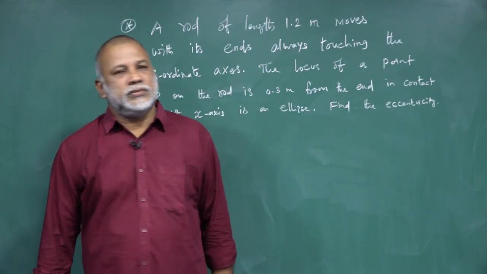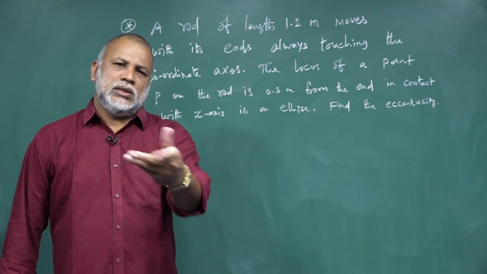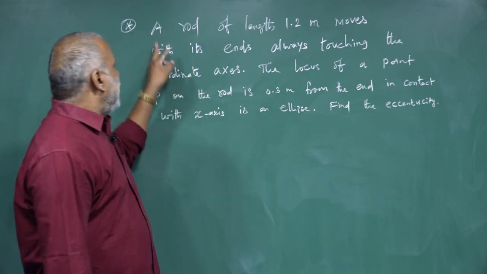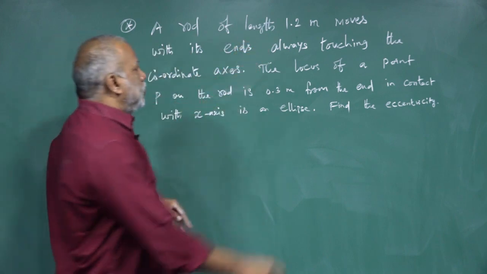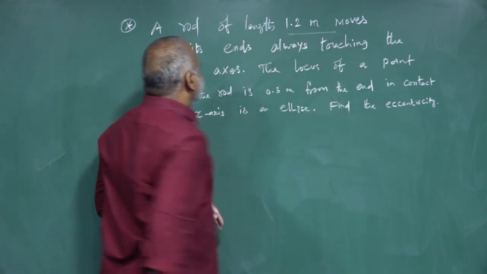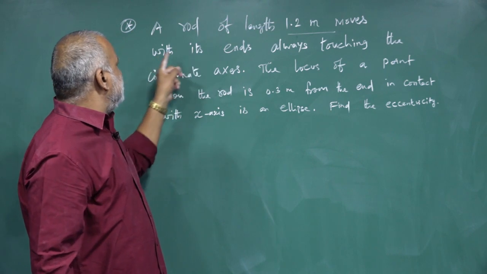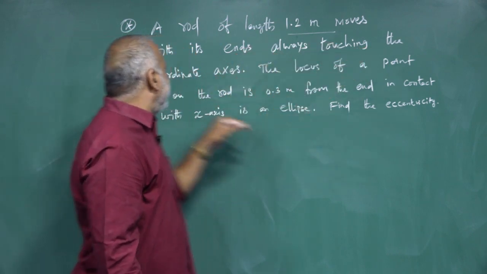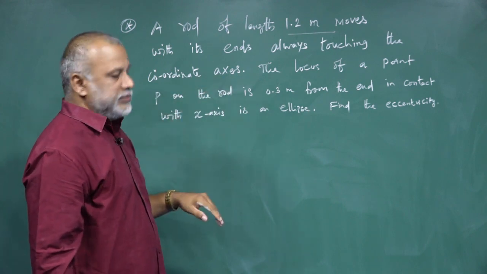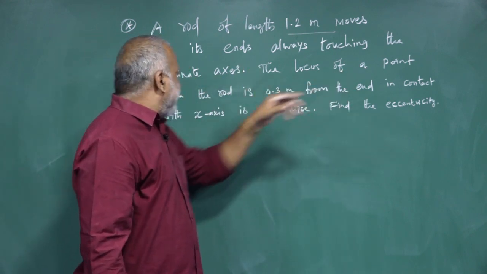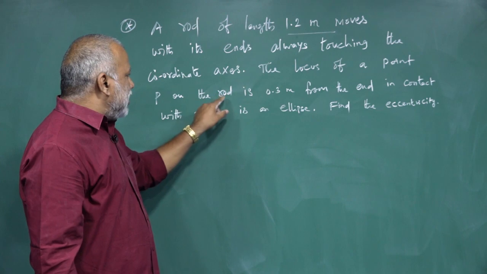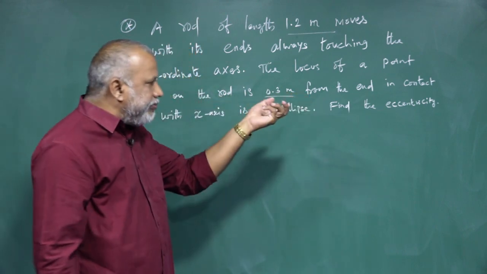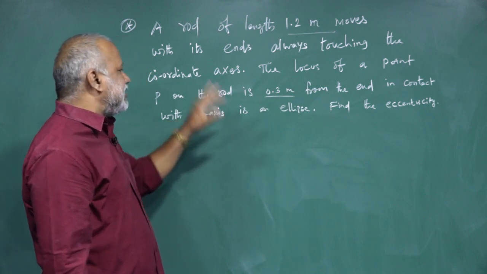Listen students, now it is question number 2, the same application problem we are going to use. A rod of length 1.2 meter moves with its ends always touching the coordinate axes. The locus of a point P on the rod is 0.3 meter from the end in contact with the x-axis.